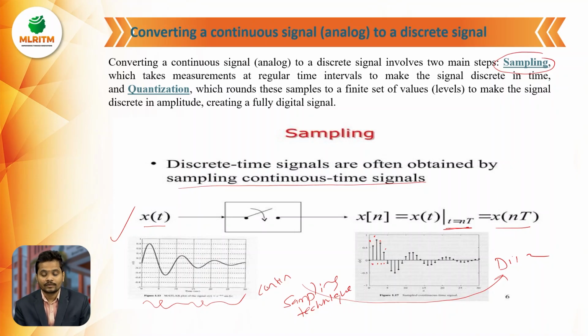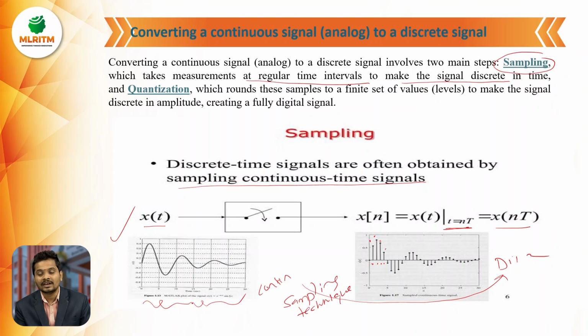So what is the definition? Converting a continuous signal to a discrete signal involves two main steps. One is sampling, and the other takes measurements of what is sampled. First, sampling makes measurements at regular time intervals to make the signal discrete in time.